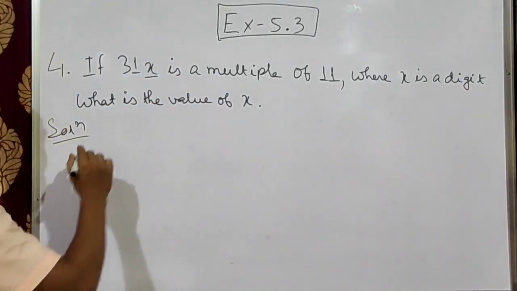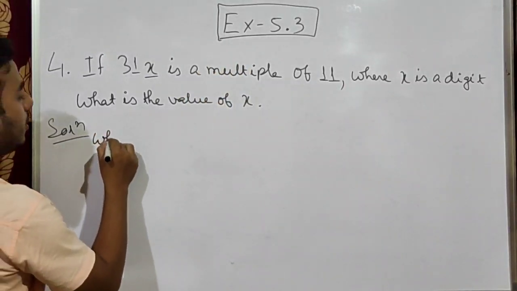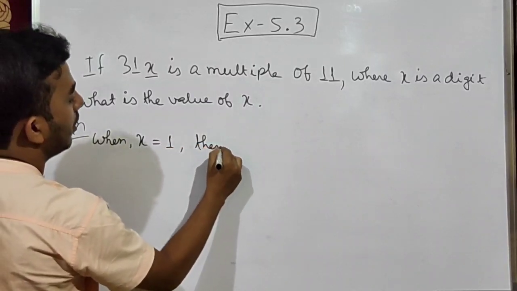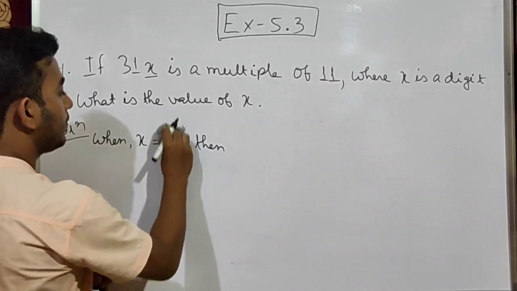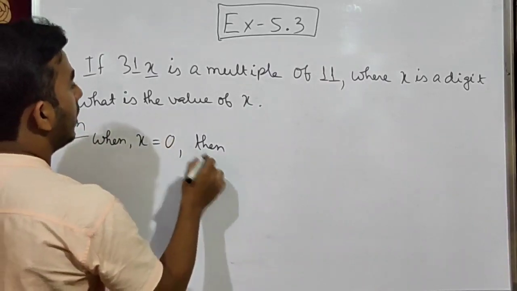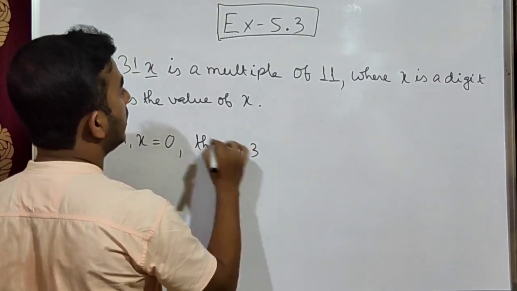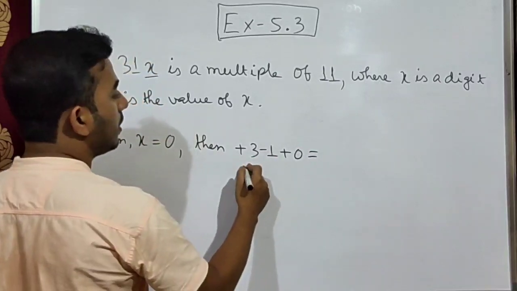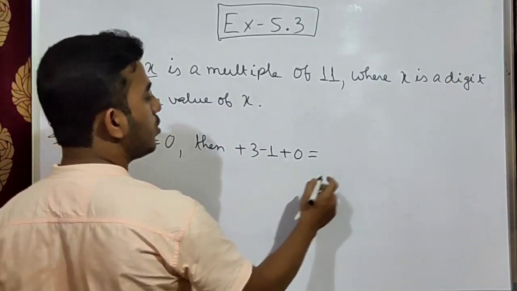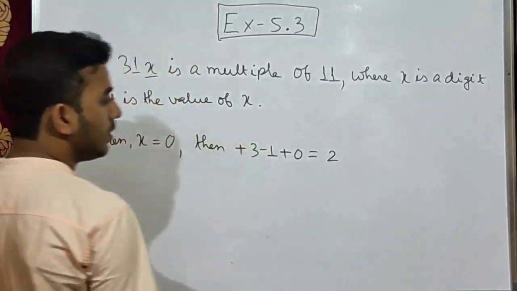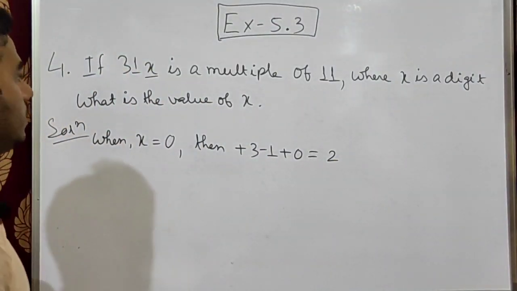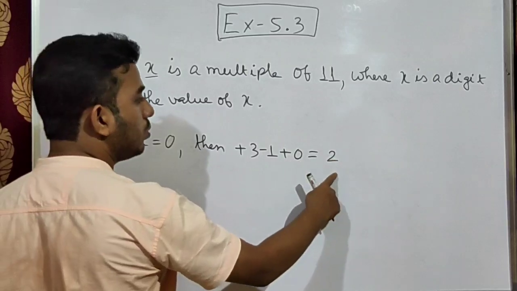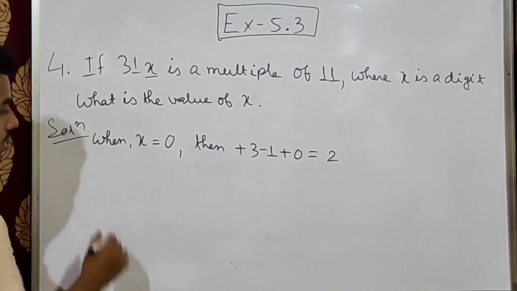Okay, so first of all, when x equals 0, then what will be the number? 3 plus 3 minus 1 plus 0 equals 2. 3 minus 1 is 2, isn't it? When x equals 0, then 3 plus 3 minus 1 plus 0 equals 2. Up to this clear?